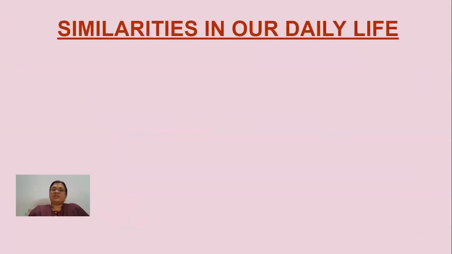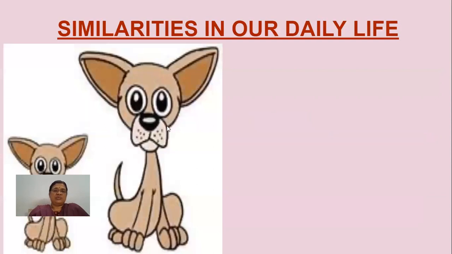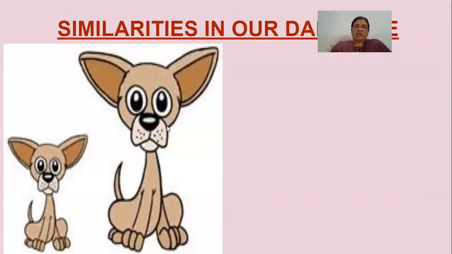See, similar figures we all see in our daily life. Similar means identically the same shape. For example, I'll show some figures. See here. I think each and every student will see Cartoon Network on TV, isn't it?